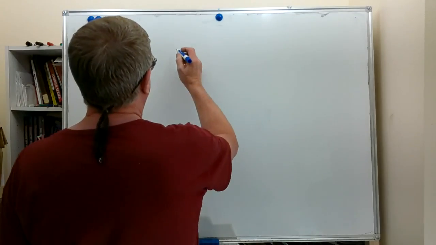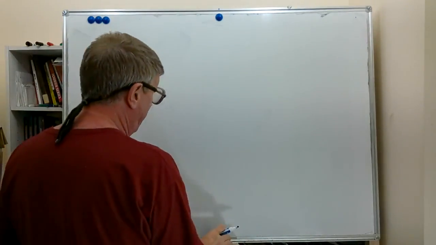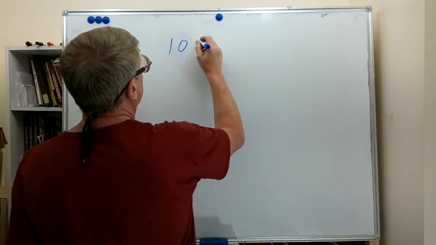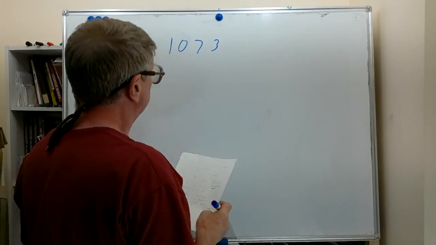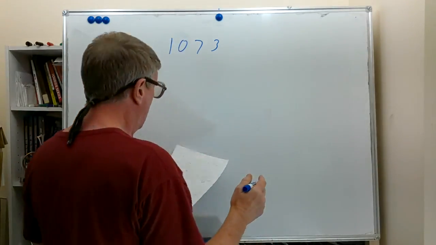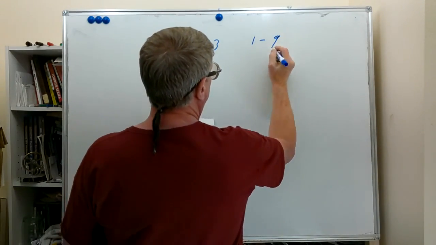If we got a number, let's say 1073. Always digits 1 through 9 are significant.